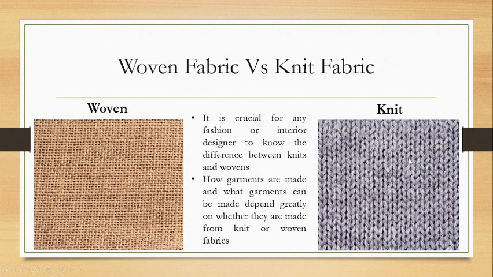So look at the difference of the texture. It's very, very obvious to know. Now you might have to look real close because these are very zoomed in, and sometimes we're working with wovens or knits with very, very tiny fine yarns that you might have to look very closely, even sometimes under your pick glass, to be able to tell the difference.